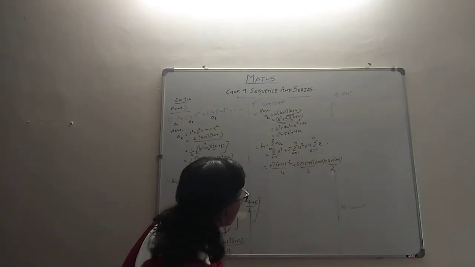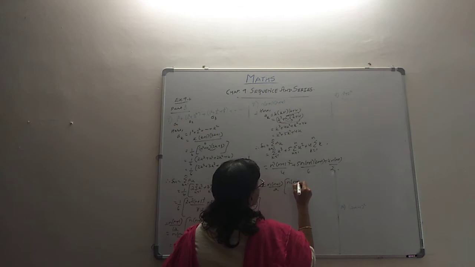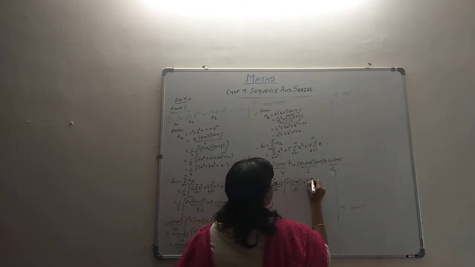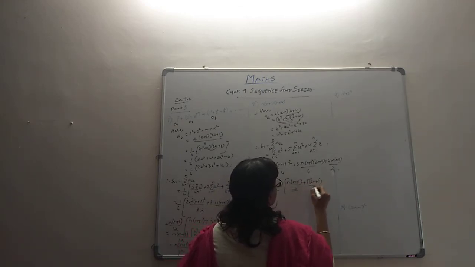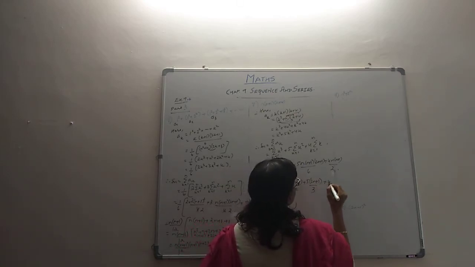Let's have those common things coming out. n into n plus 1 by 2, we have taken it out. Here n into n plus 1 by 2 is left. Here 5 times 2n plus 1 by 3 is left. Here 4 is left.